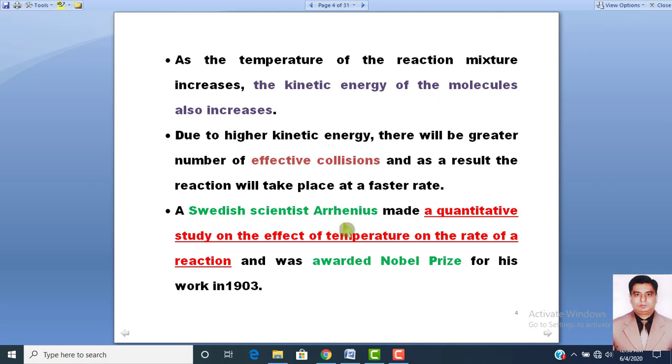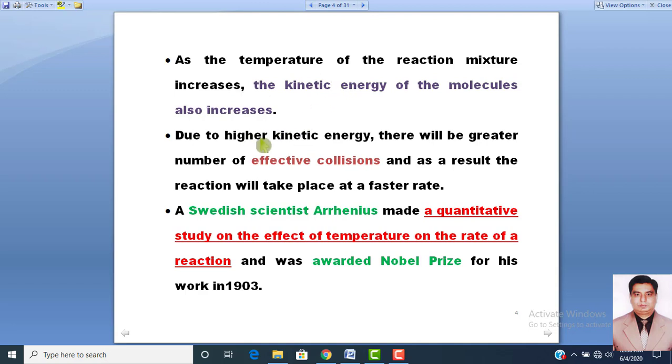a Swedish scientist Arrhenius studied a quantitative relation between temperature and rate of reaction. And in 1903, he was awarded the Nobel Prize for this valuable work. So, what happens when the temperature of a reaction mixture increases? Then the kinetic energy of the gaseous molecules also increases.